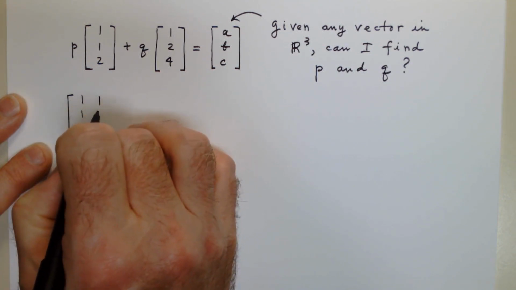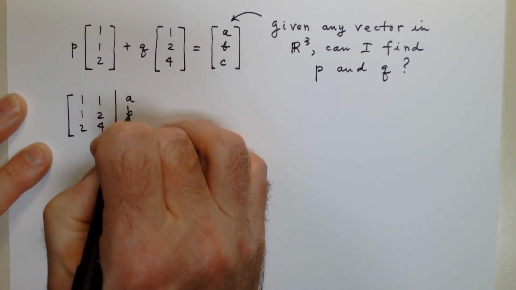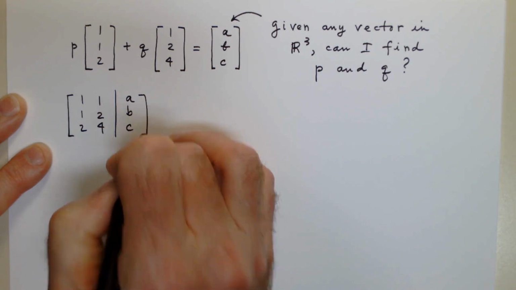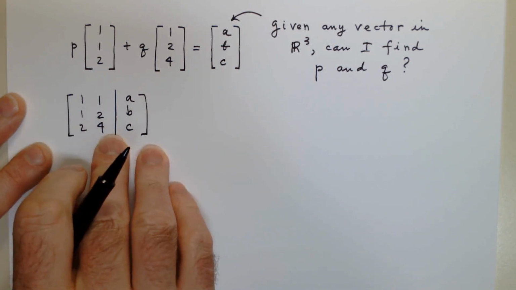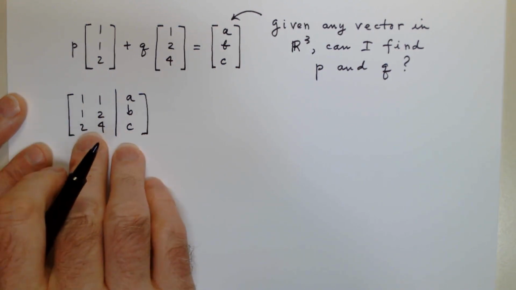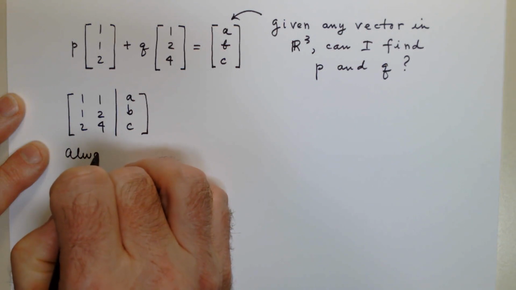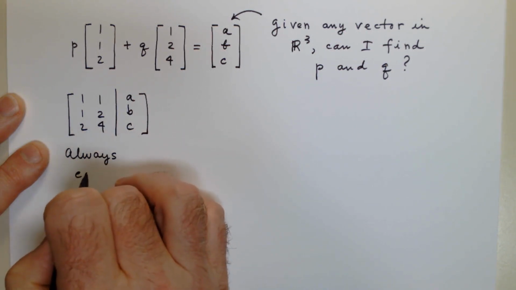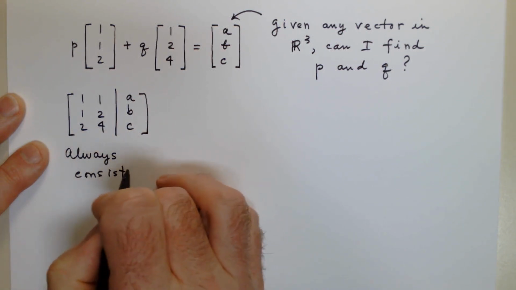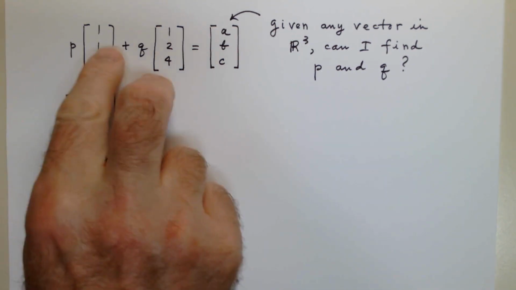We're going to feed these vectors in as columns of this augmented matrix. And the question boils down to: can I always solve this system? Is this system always consistent?